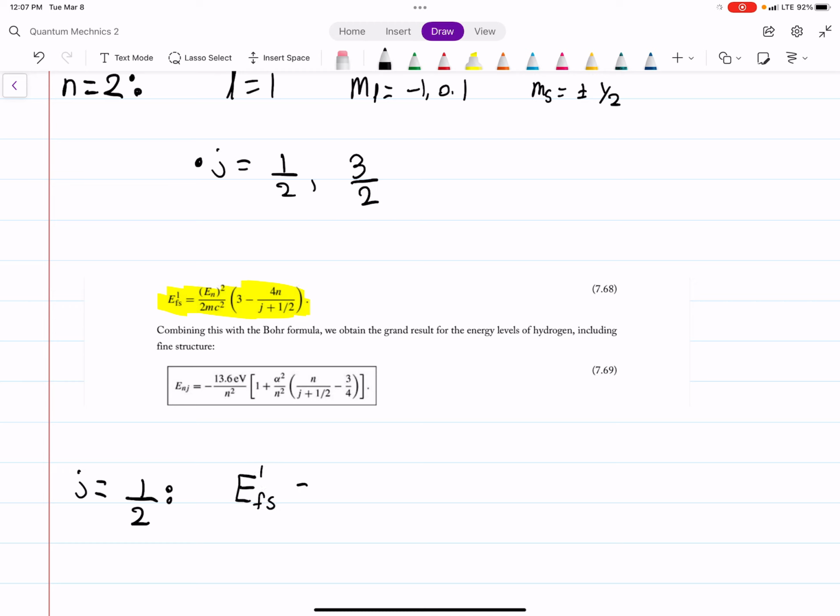Then the fine structure will be minus 13.6 eV over n squared, but we said n was 2, so that's 4.